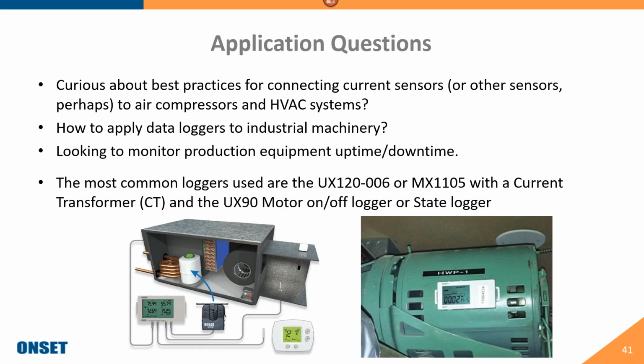There was a question earlier, if you can't get to the motor housing, there actually is an input on the bottom of this where you can hook up what's called a current switch. It looks very similar to a CT, and that would clamp around one of the main power wires going to that particular motor.